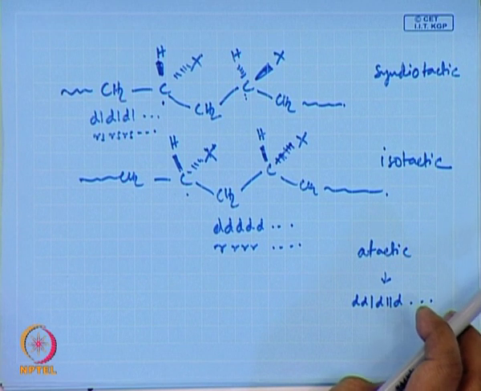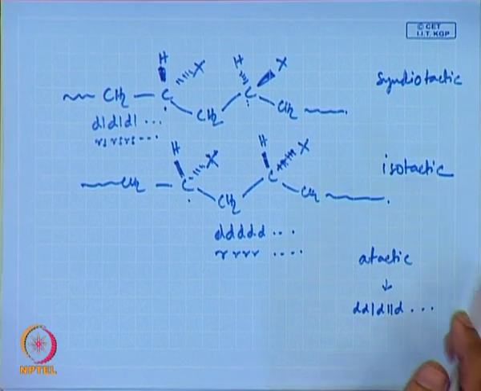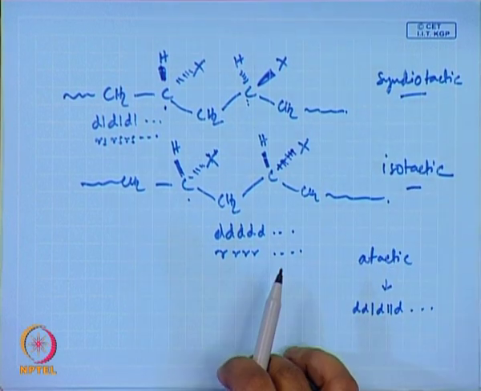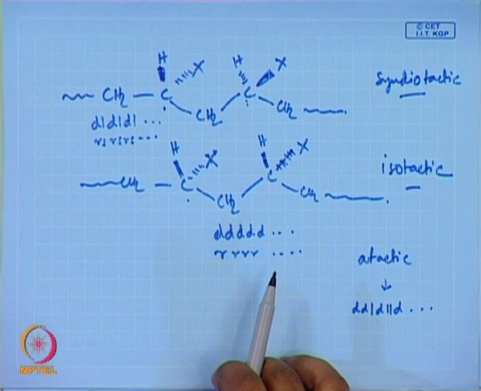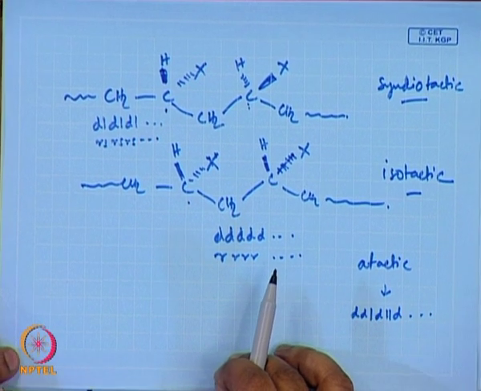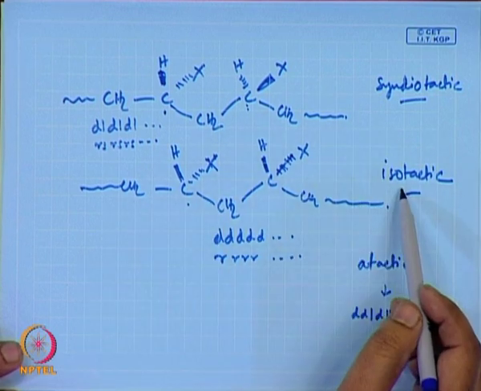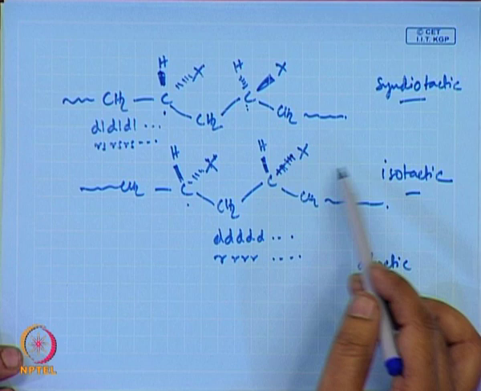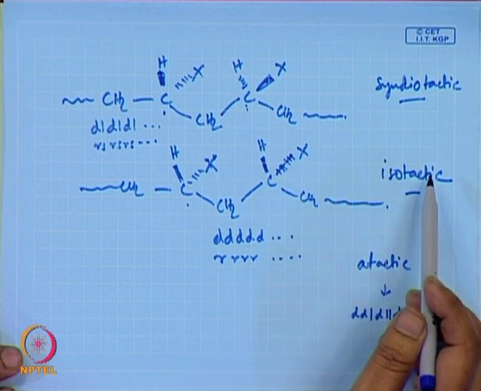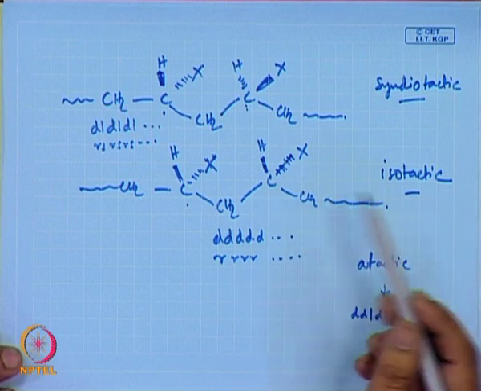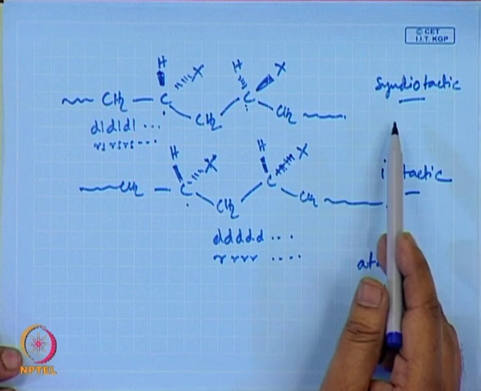Now, why are you interested in knowing the tacticity of chain polymers? Obviously, as you can expect from the structures, both isotactic and syndiotactic will have regular structures. Obviously, isotactic will have a more regular structure than syndiotactic.